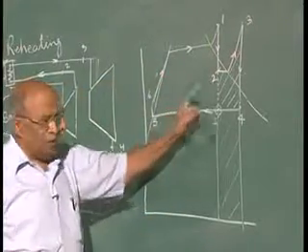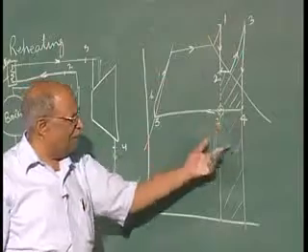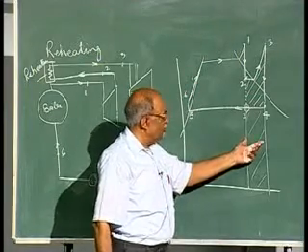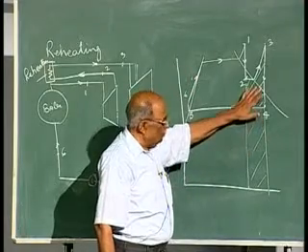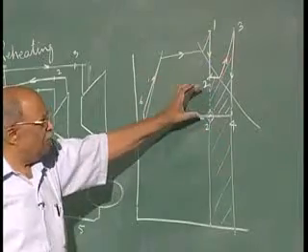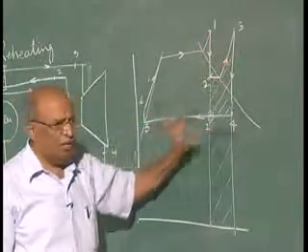So the total capacity of the plant in megawatts increases, and the efficiency may increase or may remain the same. The total increase in efficiency depends upon the temperature and pressure at which the steam is superheated.